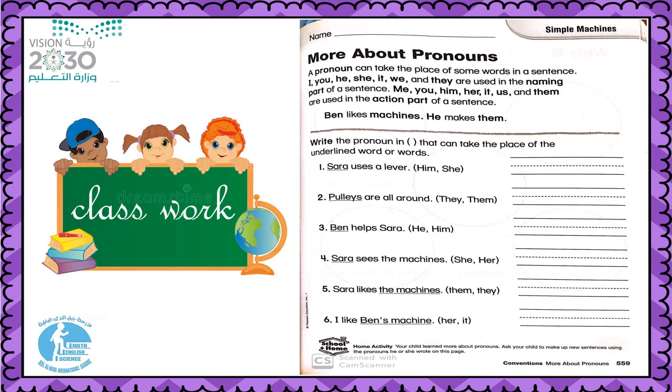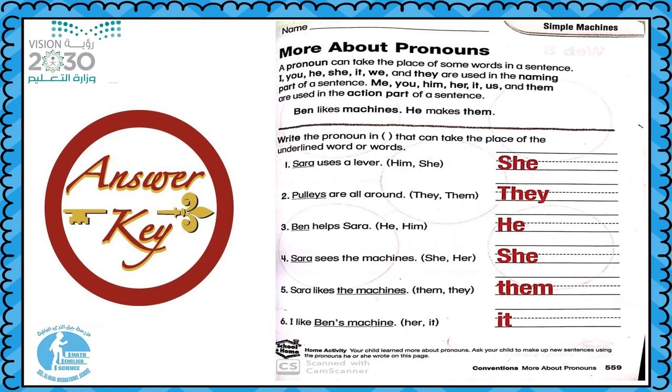So we're going to say, I like her or I like it. Of course, I like it. Why it? Because it is used for things. Okay, I hope everything is clear. Here's the answer key for this page. Check your answers again, please.